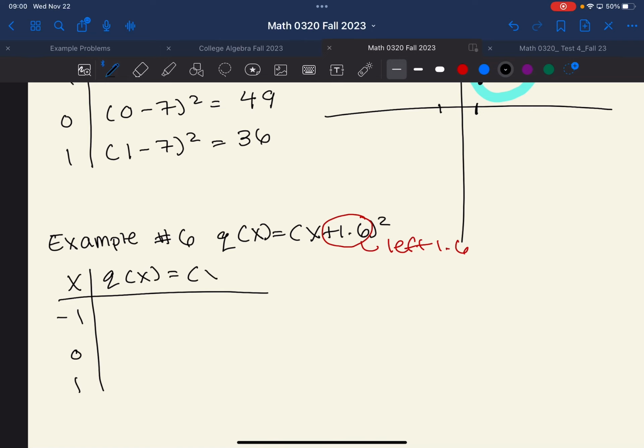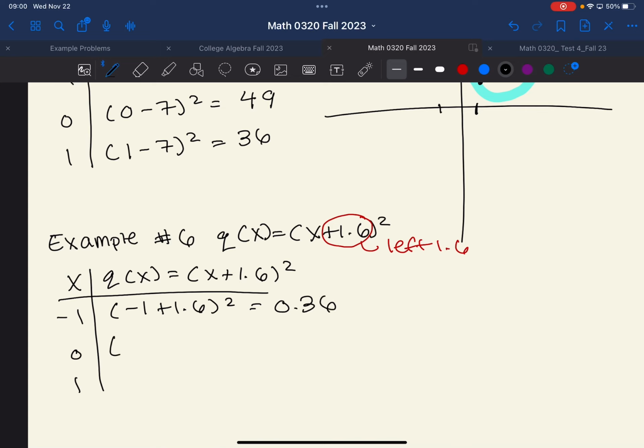And I'm going to be plugging them into that q of x function. So I have -1 plus 1.6 squared. -1 plus 1.6 is 0.6. 0.6 squared gives me 0.36.